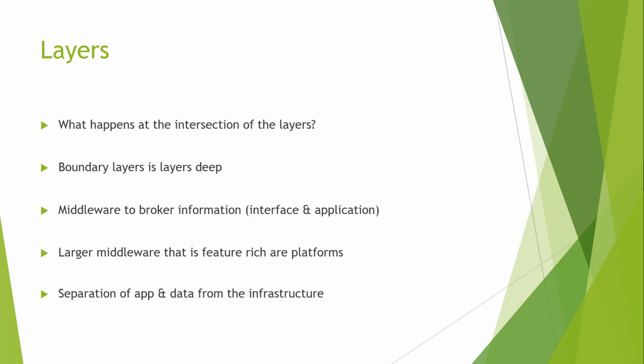That middleware, that broker section, that interface is going to be feature-rich depending on what they're trying to accomplish. It could also be as simple as an ERP type platform. All of this is going to provide additional features as the interface between us, the users, and the end device for accessing data applications may grow.